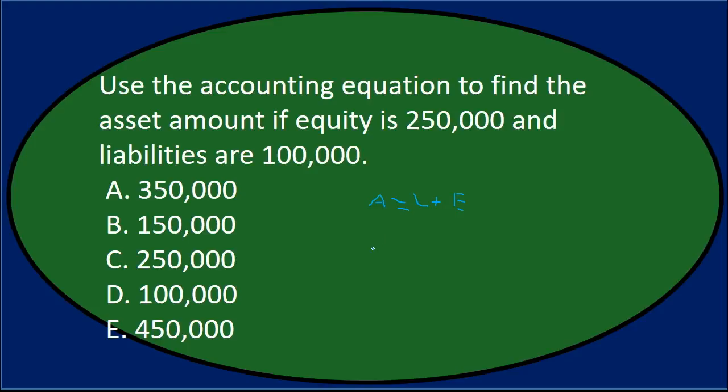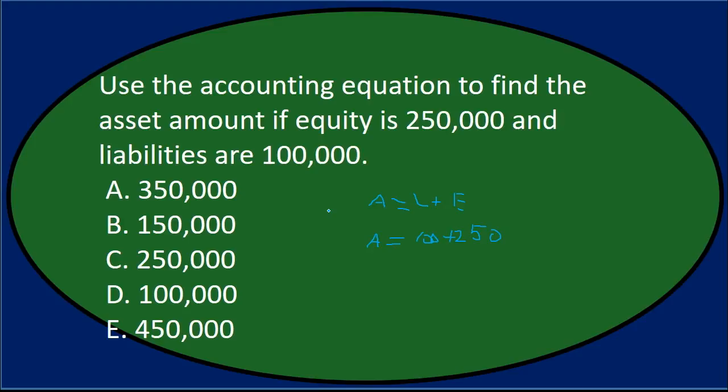Note that if you do go the wrong way, the incorrect answer will almost surely be there. Any combination of the numbers presented will probably be one of the answers, giving you that false sense of security. So here we would just plug in the equity of 250, dropping the three zeros, and the liabilities of 100, again dropping the zeros, equals the assets.